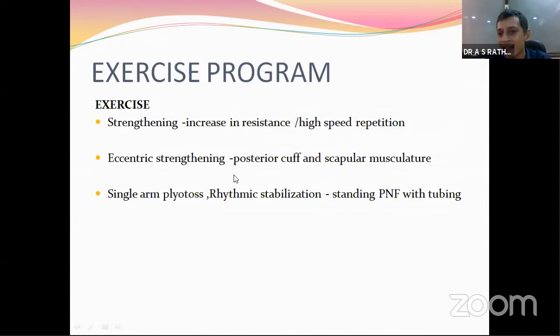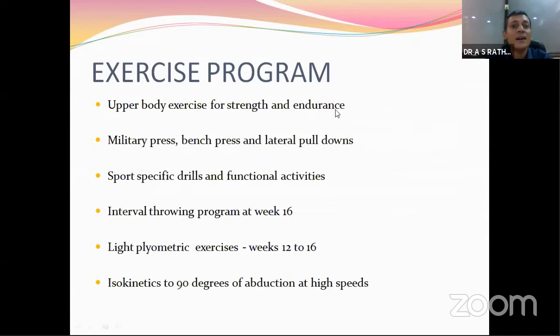Eccentric strengthening exercises we are adding in our practice. Single arm Lyotos, rhythmic stabilization, and standing PNF with tubing we are doing in our practice. Other exercises we add are upper body exercises for strength and endurance, military press, bench press, lateral pull downs, and sports specific drills.